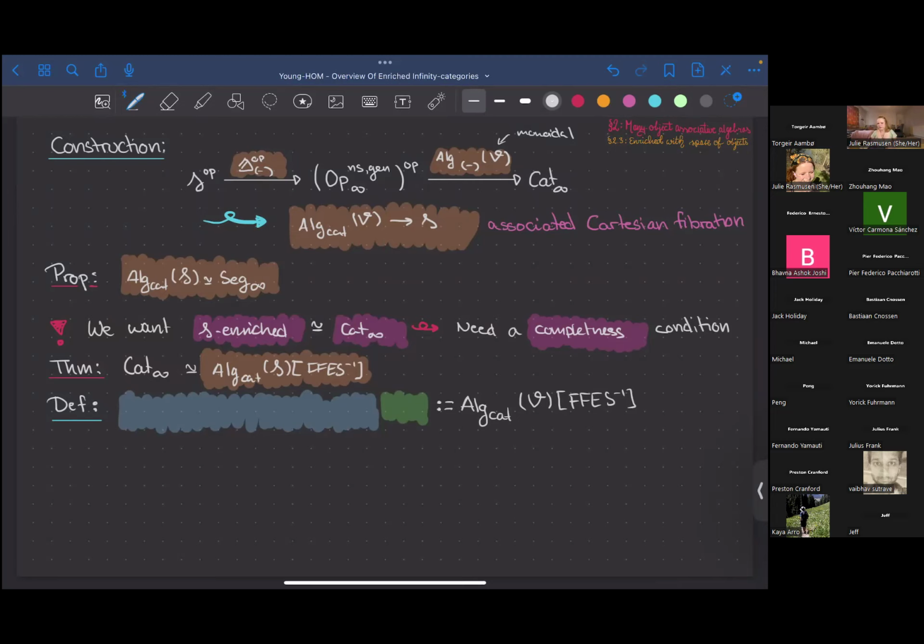functors. So therefore, using this approach, it makes sense to define the enriched categories as objects in the category denoted by Cat V infinity, which is the categorical V algebras localized at the fully faithful, essentially surjective functors.